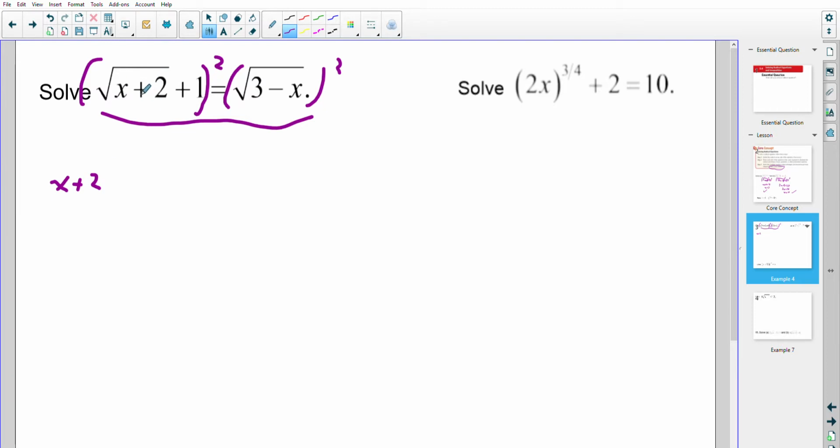That's what you get when you square it. The middle term is going to be 2 times the square root of x plus 2. And then the last one is going to be 1 times 1, which is 1, is equal to 3 minus x. Now, you still have this issue. So what you need to do is isolate that on one side and then square it again. So you're actually going to be squaring this twice.